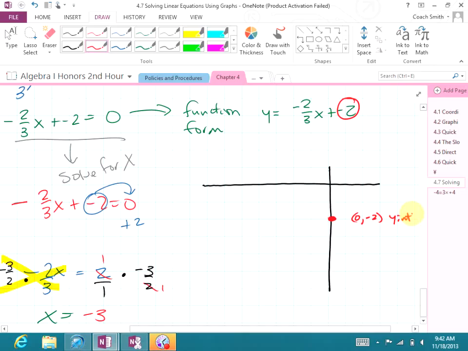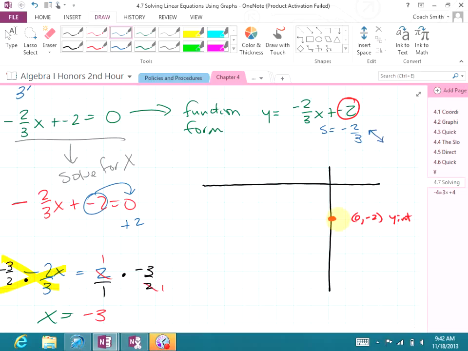All right, now my slope then, slope is equal to negative 2/3. So negative means that my line is going to go like this. It's going to fall from left to right. So my slope is negative 2/3.